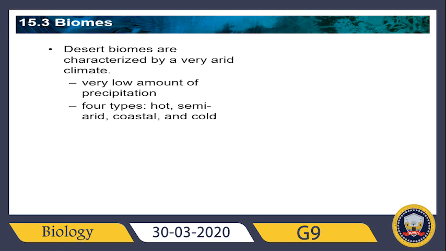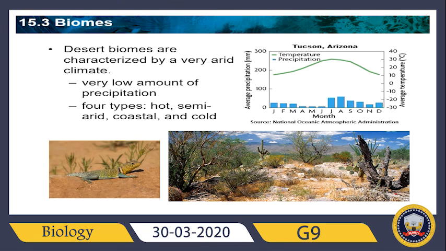So there are 4 types of deserts. We have hot deserts, semi-arid deserts, coastal, and cold. In hot deserts, it's very hot during the day and during the night. Unless it's winter, the temperature will drop 10 degrees at night, but it's still hot. So it's a minimum of 38 degrees Celsius, and it can reach up to 50 in some deserts.